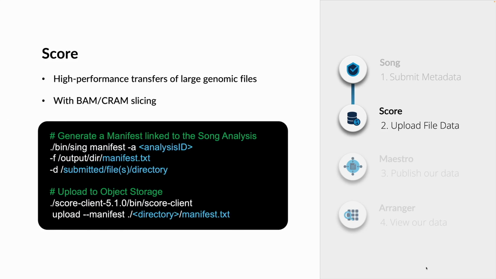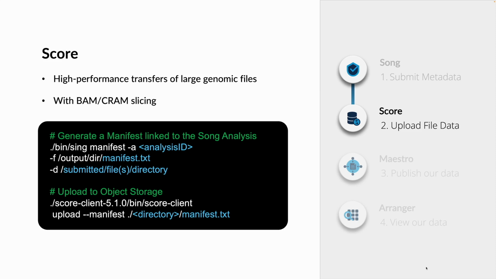Using our newly generated analysis ID, we can now create a manifest for file upload. The manifest establishes a link between the analysis ID that has been submitted and the data files that are on your local system that are being uploaded. With a manifest generated, you can then use an upload command to upload your raw data files to object storage, where they'll be linked to this analysis ID.